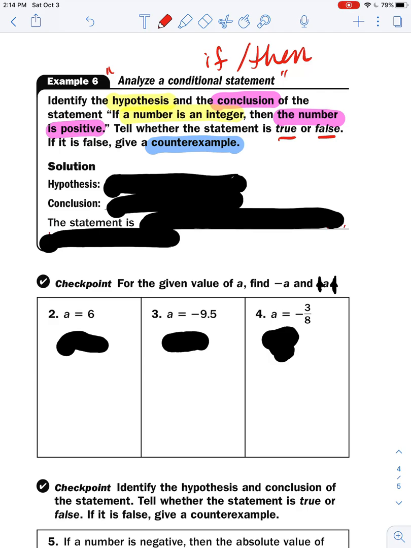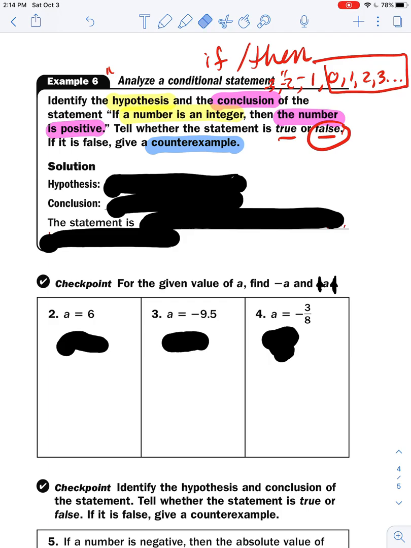When we listed the integers, we listed 0, 1, 2, 3, and so on, but that was whole numbers. So we also included for integers the negative values. So reading this, if a number is an integer, then the number is positive. Well, I'm going to go with false on that one because that leaves all the rest of these numbers out that were on our integer list.